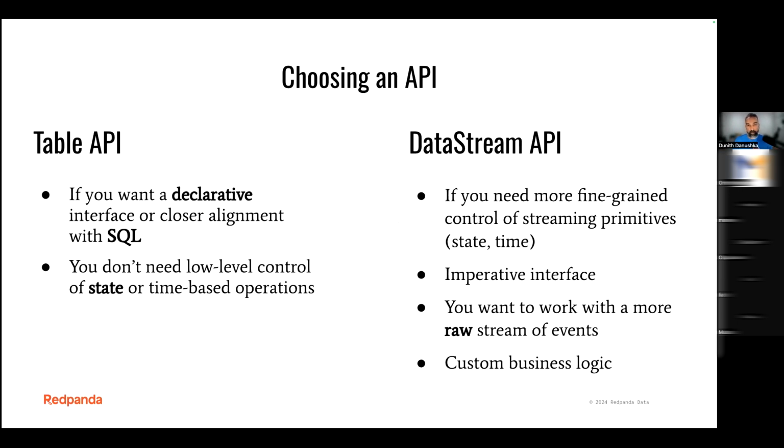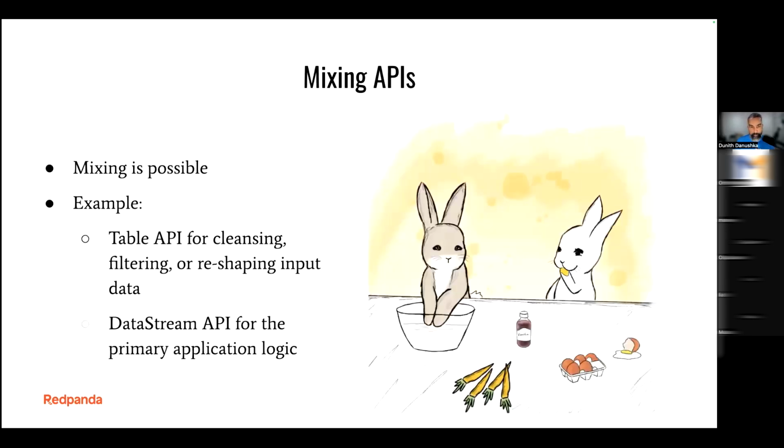Flink gives you the freedom of using either the Table API or the data stream API. So the bottom line is, if you need more declarative, go with the high-level Table API or SQL, and go with data stream if you need to write more complicated applications that deal with state and time. And also, Flink gives you the ability to mix these two APIs together in a single project as well.